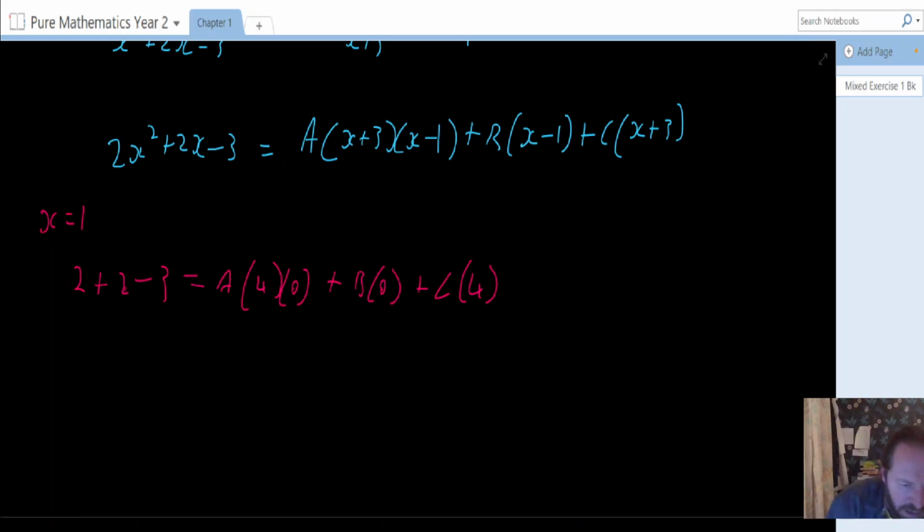So over here, 2 and 2 is 4, minus 3 is 1, equals 0 plus 0 plus 4c. So 1/4 equals c. All right, slightly messy, but we'll have a look at what that means in a second.